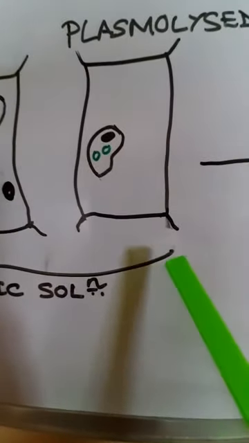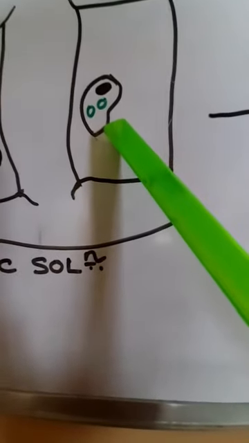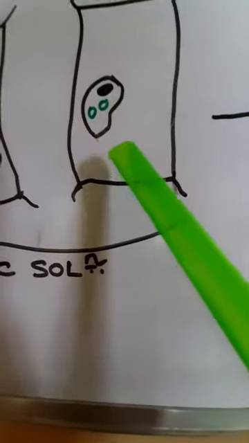And finally, this is the state of the cell where so much exosmosis has taken place that it has actually become flaccid. And see, the plasma membrane is here, and this is the vacuole. That means the water has left the cell fully. And this condition of the cell is known as the plasmolysed cell.